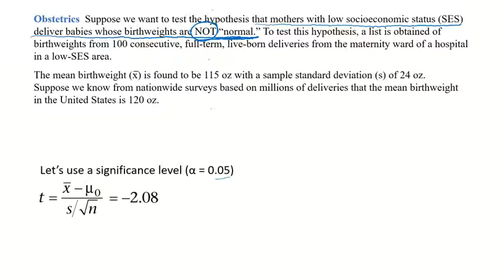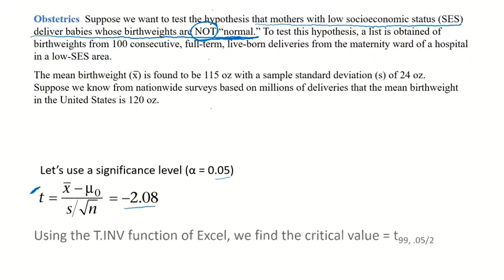As usual, we get our t statistic, which doesn't change, still negative 2.08. But this time, when we get the critical value in Excel, instead of putting in 0.05, we divide that and input 0.025.